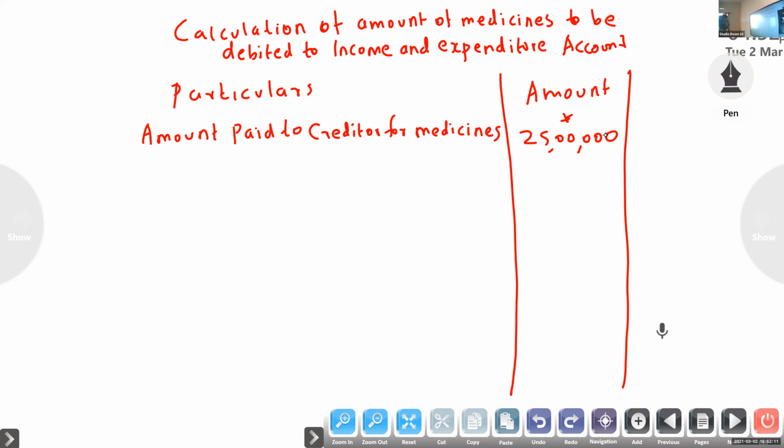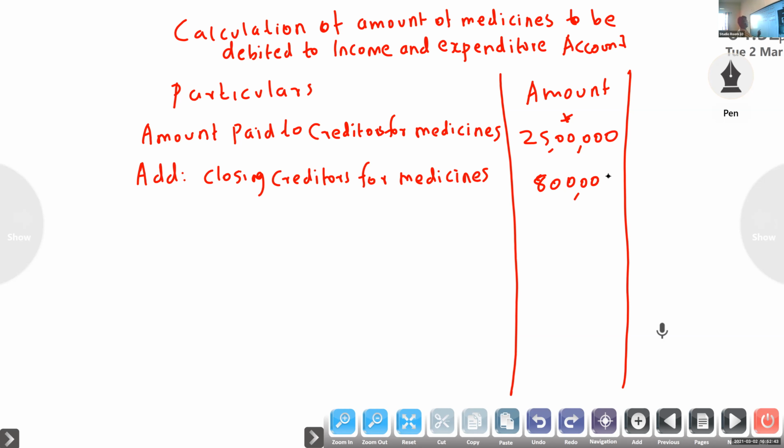Amount paid to creditors for medicines. Next, related to creditors, we have to add like a format. Add closing creditors for medicines, closing 8 lakh.